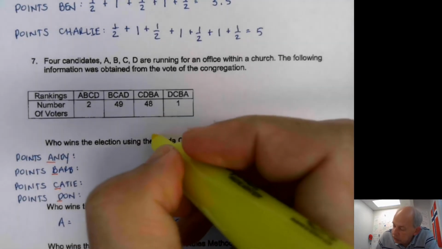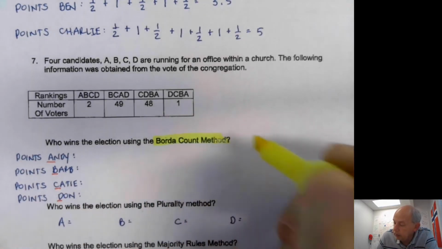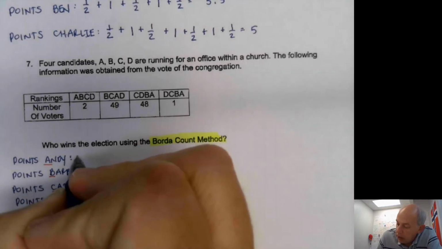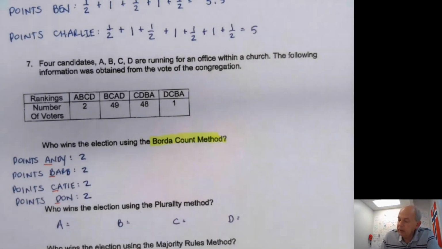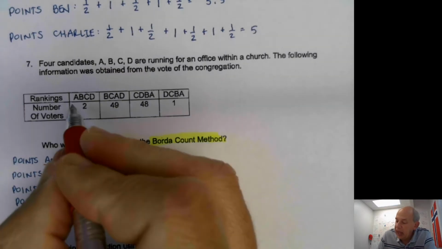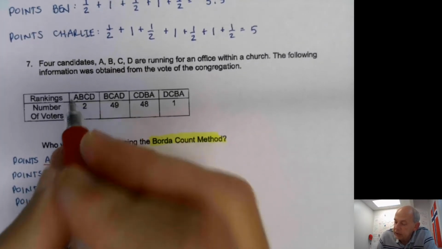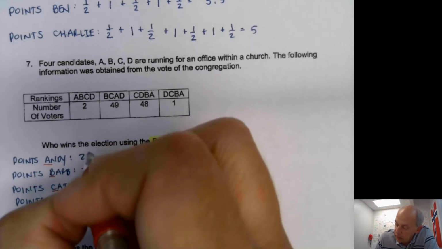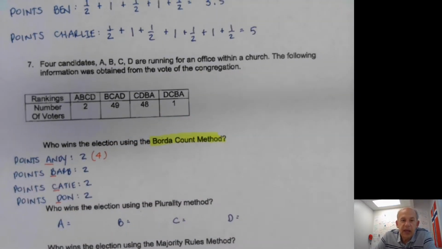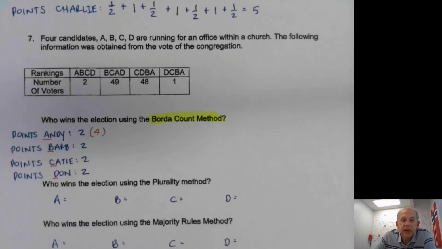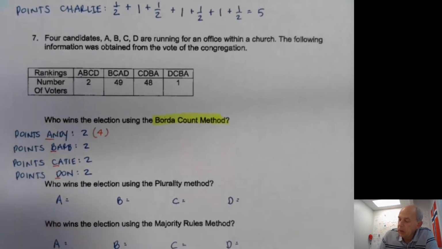2 members using the Borda count method ranked the candidates. So 2 people in the congregation said Andy was their first and most favorite choice. With 4 candidates, Andy picks up 4 points for being in first place.